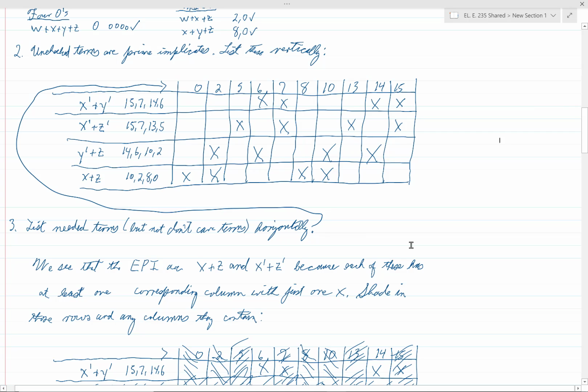And so what you do then, and this is reminiscent of what we do with the Karnaugh map, we know that the essential prime implicates, of course, have to be included in every minimal product. Usually if you were doing this yourself, you wouldn't have to draw the table again, but since I'm trying to teach this to you, I drew the table again.